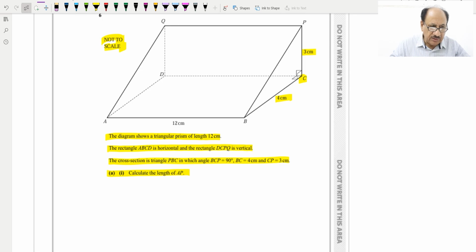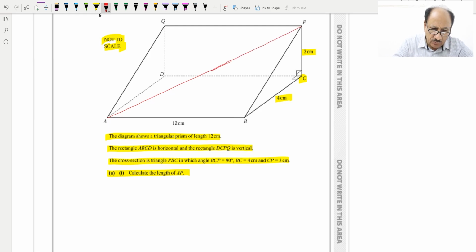AP length is required, so which length is required? We will be drawing that one, and to draw that I'll have to draw the line like this.